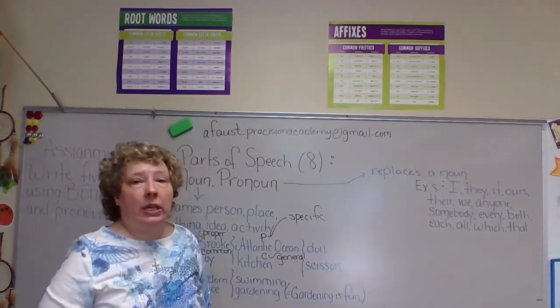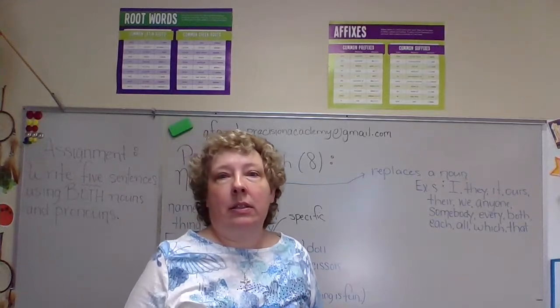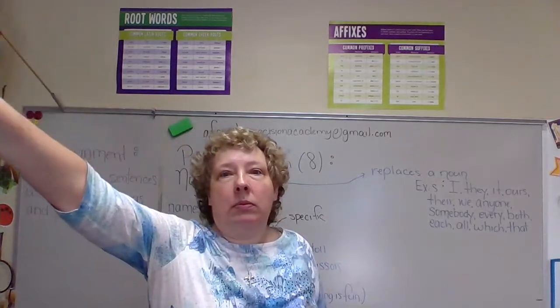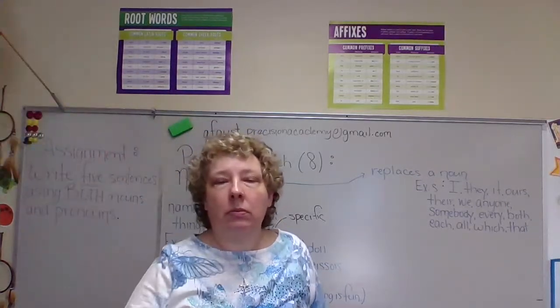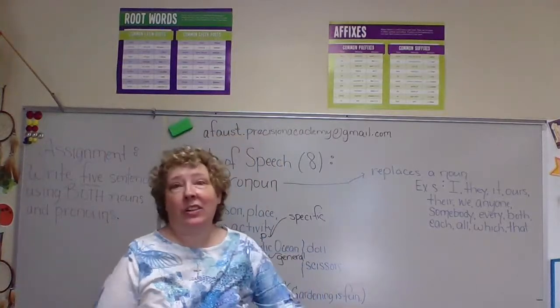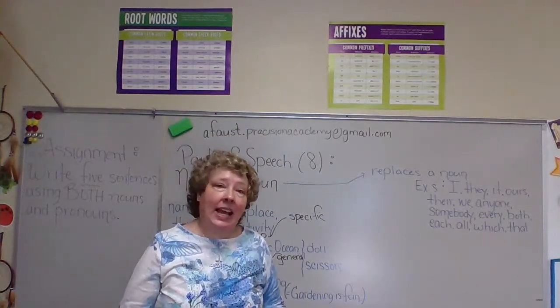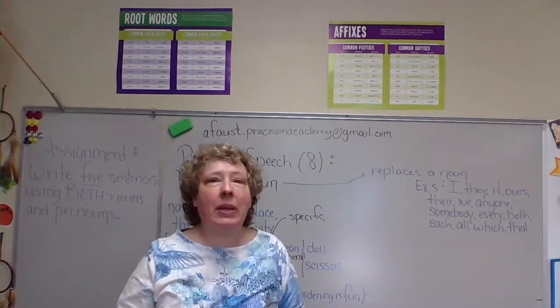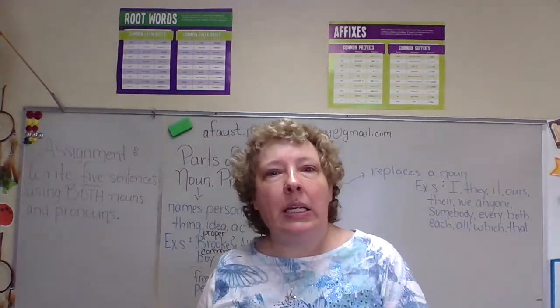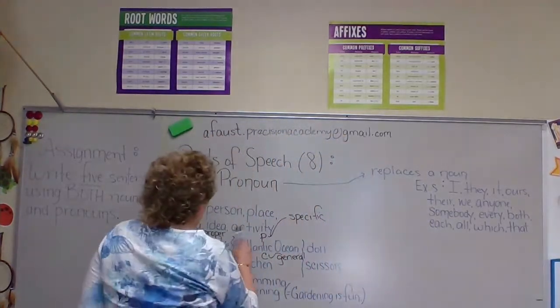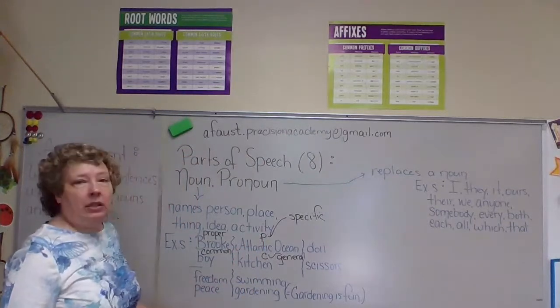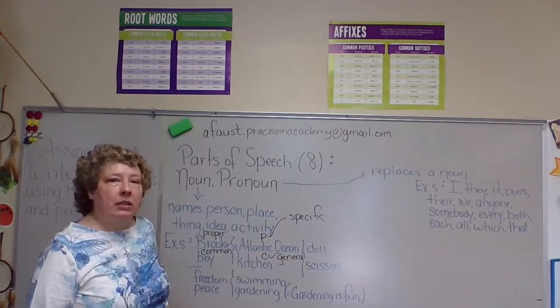But if you're doing it, he is swimming across the ocean. That's different. Then yes, its action's going to be your verb. Does that make sense? Any questions about that? So these two might be the challenging ones, idea and activity. But they shouldn't be.